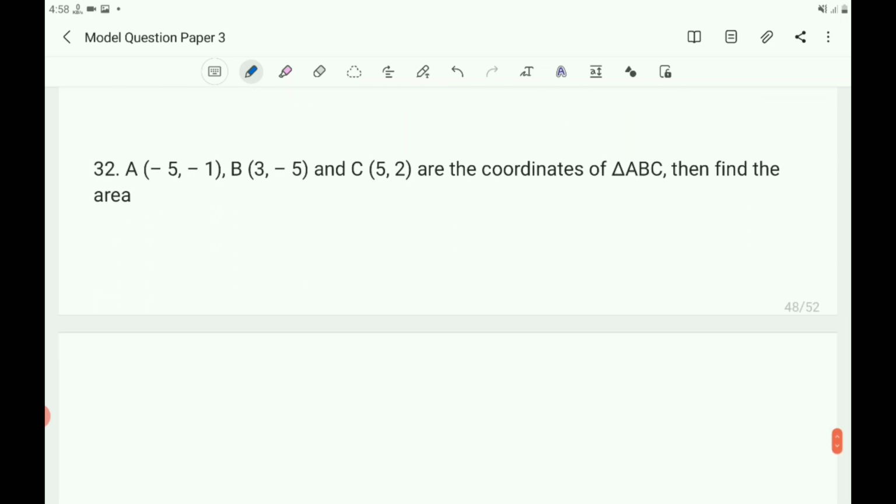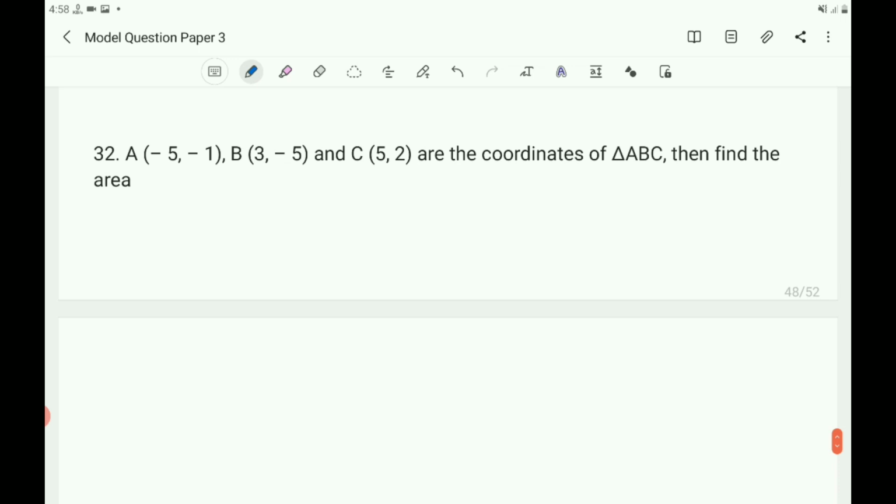Question number 32. A (-5, -1), B (3, -5) and C (5, 2) are the coordinates of the triangle ABC. Then find the area. Now you take A (-5, -1) and B (3, -5) and C (5, 2).